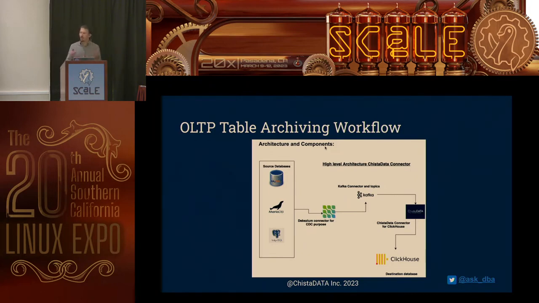From Kafka, we turn them into topics, and those topics can be streamed into ClickHouse using a sink connector. At Systadata, we've written a sink connector that captures all that information and writes it to ClickHouse as a solution in this case. It could be some other column store, but we recommend ClickHouse in this workflow.